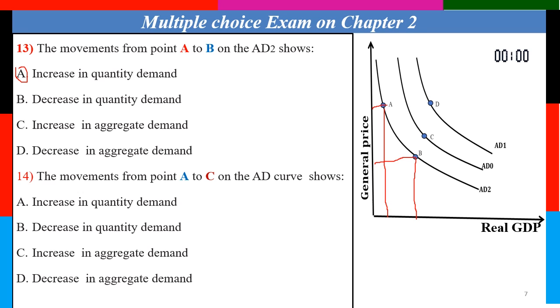Movement from A to B means price is decline. Price decline. When the price decline, the quantity demand or real GDP is what? Increasing.